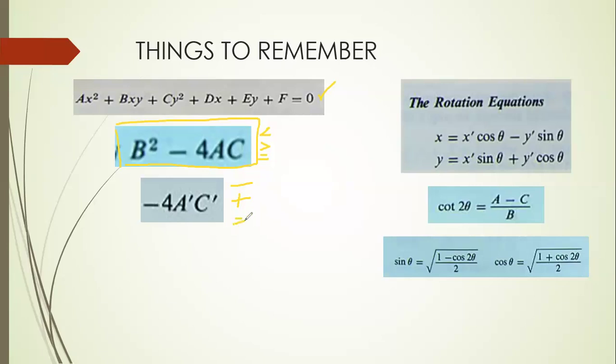We also have our rotation equations. We have the equation to find the angle of our rotation. And we have this one down here for when the angles are not looking so nice. And that basically brings us to the end of our presentation.